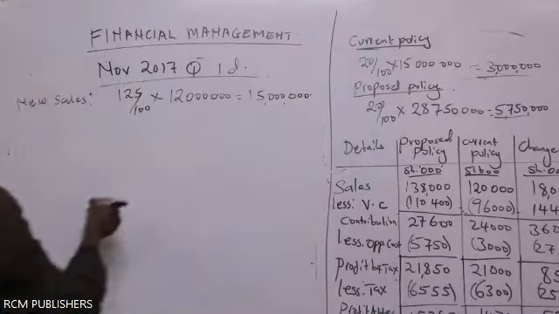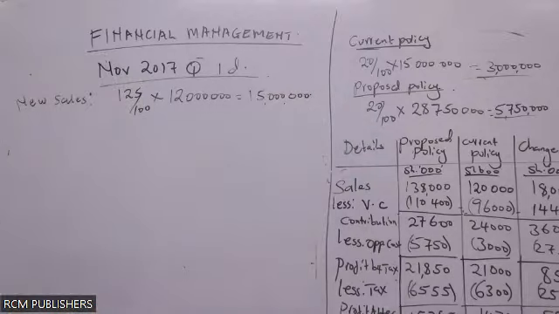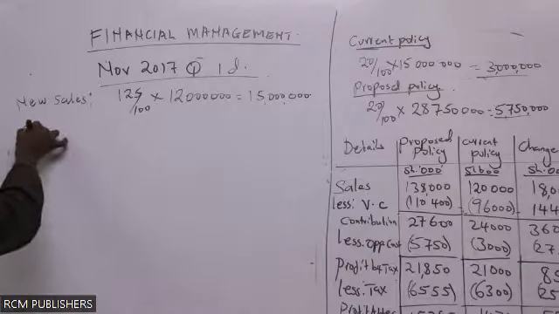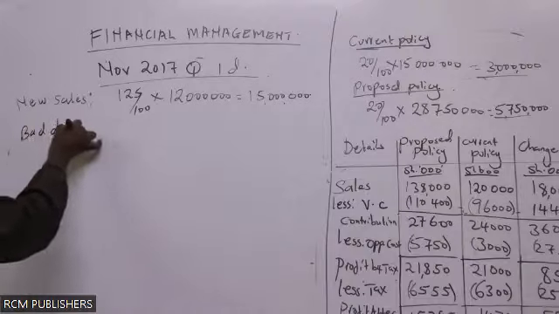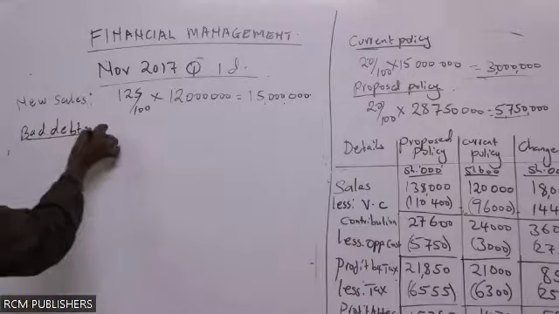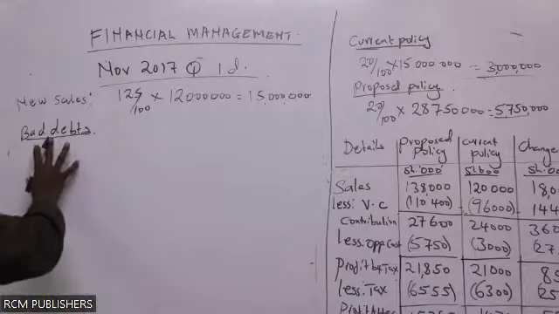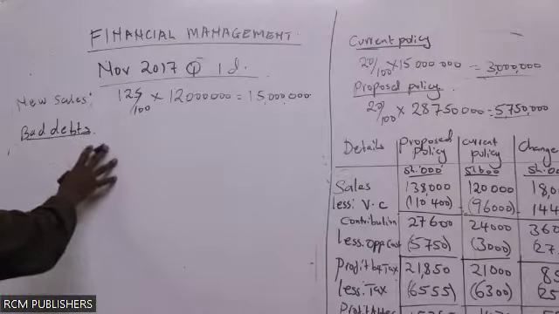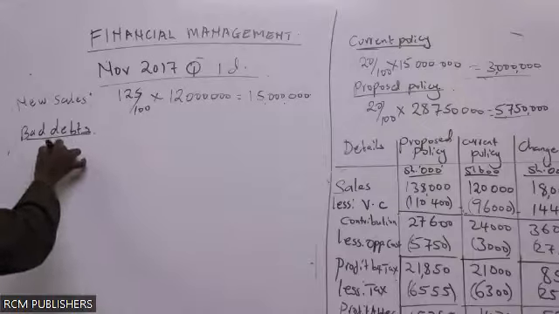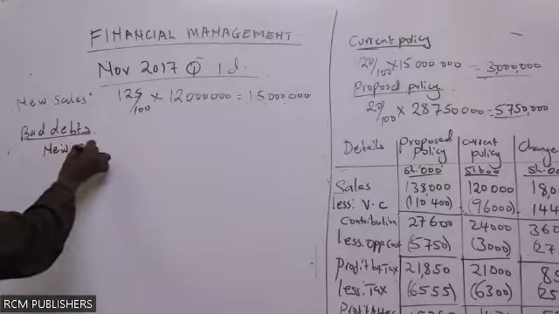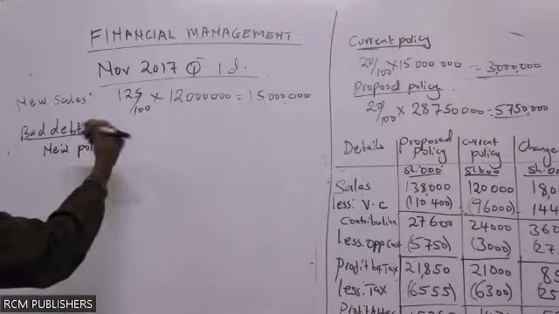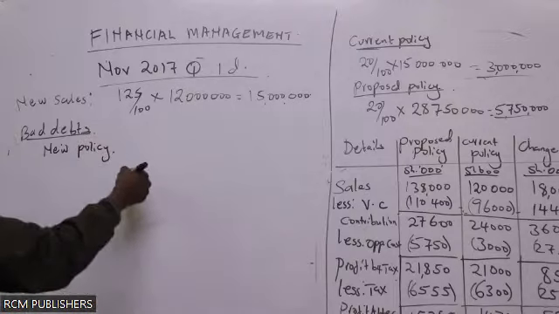Let's see. We were told of the bad debts. So the bad debts change from 10 to 15, right? 10 to 15. Therefore, under the new policy, bad debt will increase to 15% of sales.